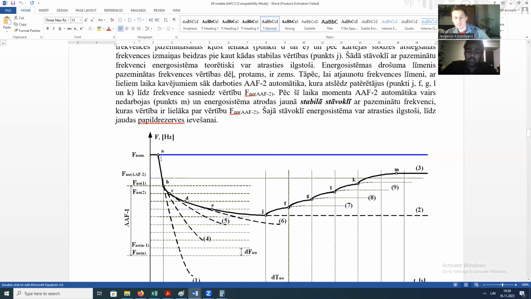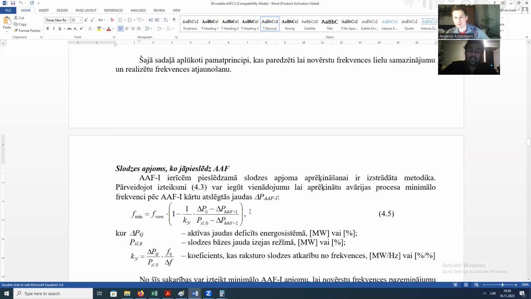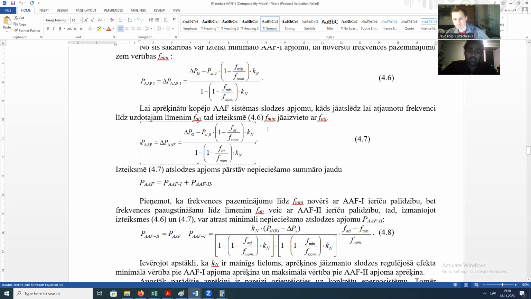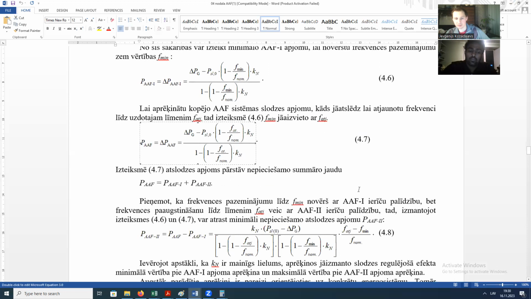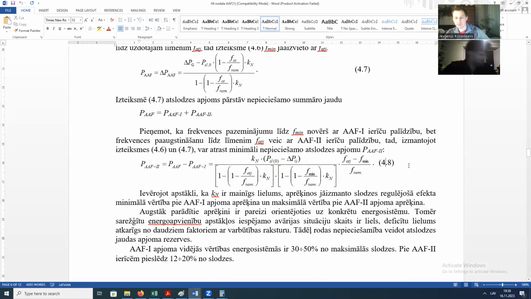To restore the frequency. So after its decrease, to what frequency we could restore in this scenario. The same formula, but the second question, 4.6. And formula 4.8 is how much load we need to connect to the under frequency automation part 2.